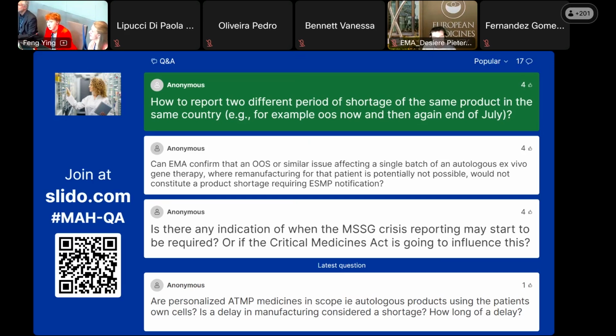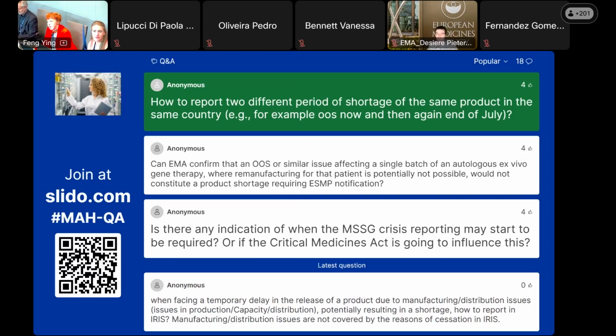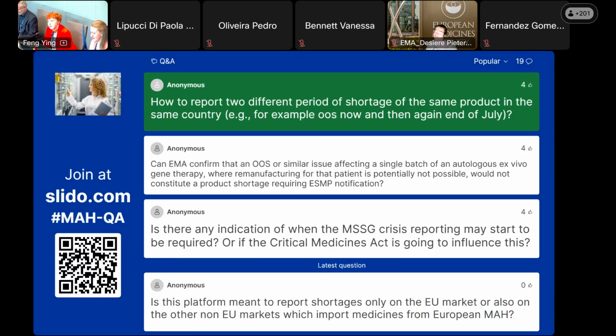And then, of course, when that particular shortage gets resolved, then you can report a new start and end date. But yeah, of course, don't be shy. Use the free text fields for any other information that doesn't fit in the data elements that have predefined formats. Thank you very much.